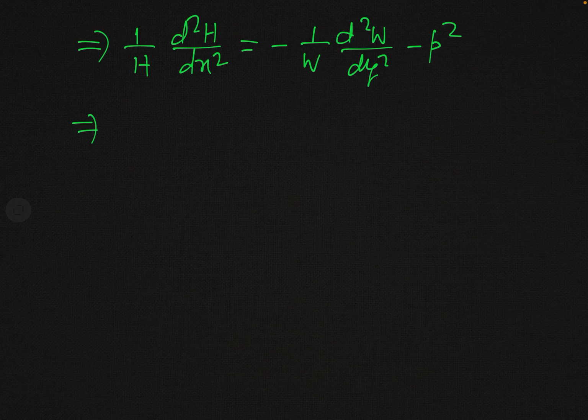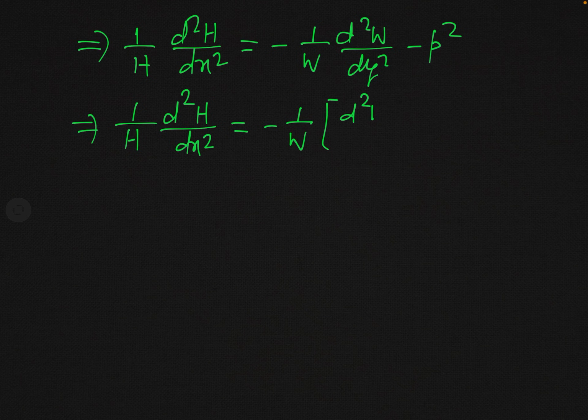And you may write this equation in this manner. This is 1 over h d2h by dx square, and this is equal to minus 1 over w. We take this minus 1 over w as a common factor, and when you take this as a common factor, the remaining terms will be d2w by dy square plus p square w.